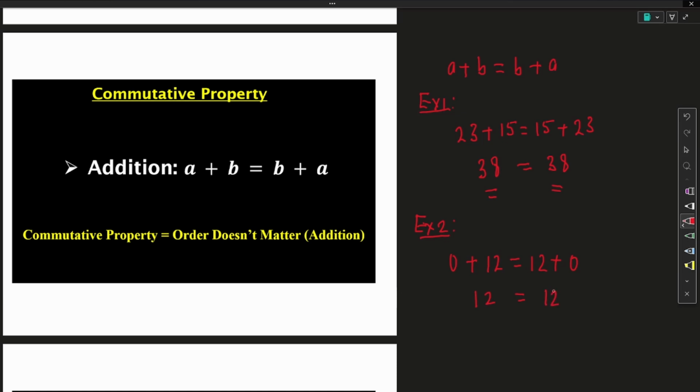So you can see both additions also give us the result 12. Notice here that adding 0 doesn't change the result either. And we will dive deeper into this when we talk about the identity property in a future video.